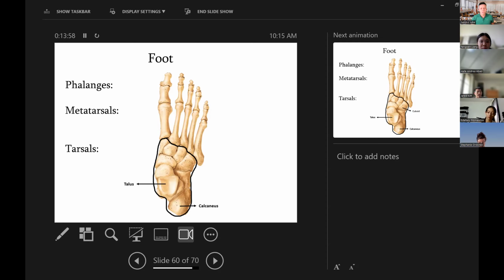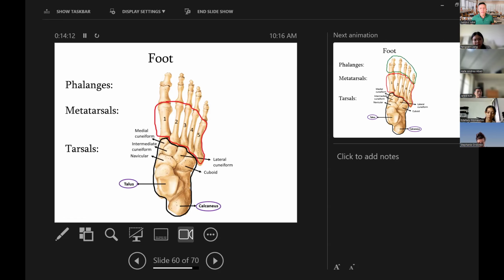The metatarsals are the bones of the sole of our feet. And they are also numbered, just like the metacarpals, number 1 all the way through number 5. And then the phalanges follow exactly the same structure as the phalanges of the hand.